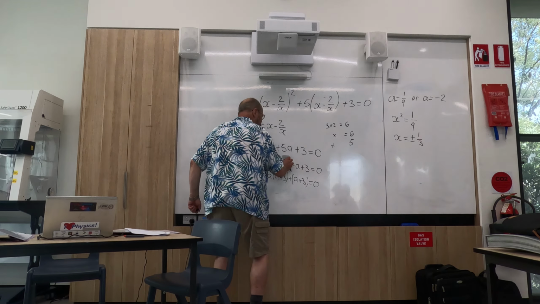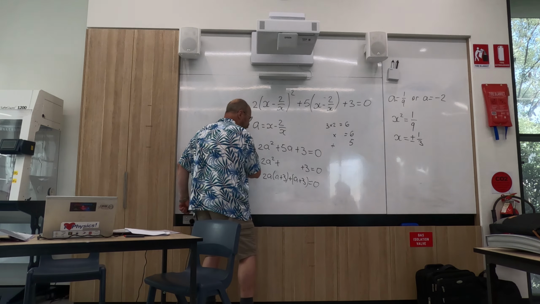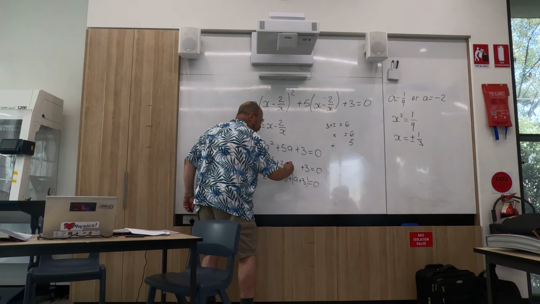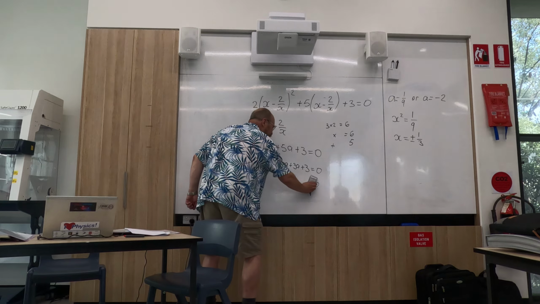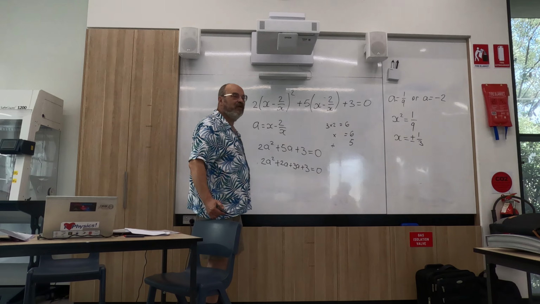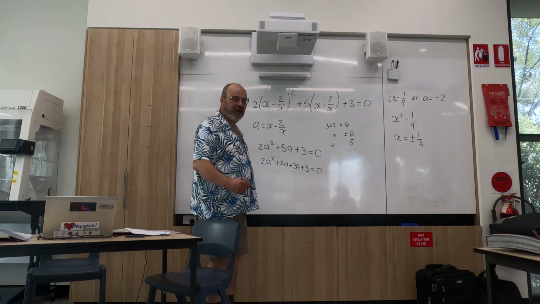So that will be plus 2a and plus 3a. Those numbers are 2 and 3, which multiply to 6 and add up to 5.